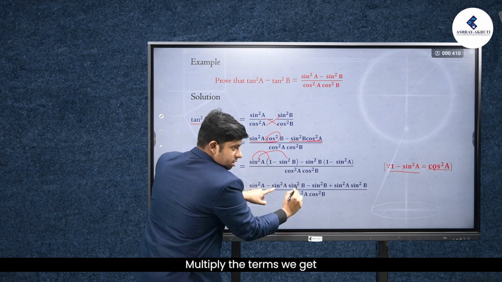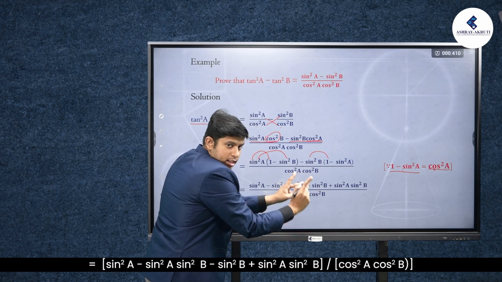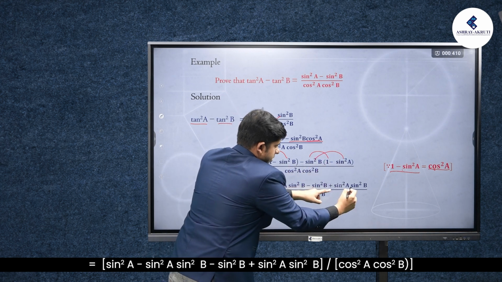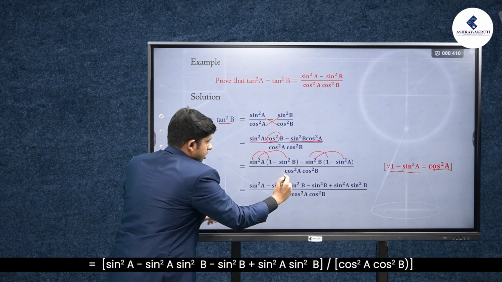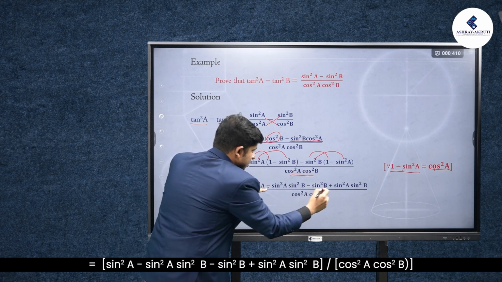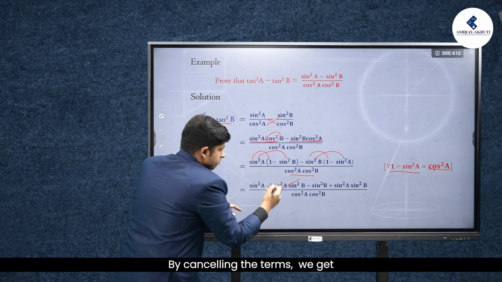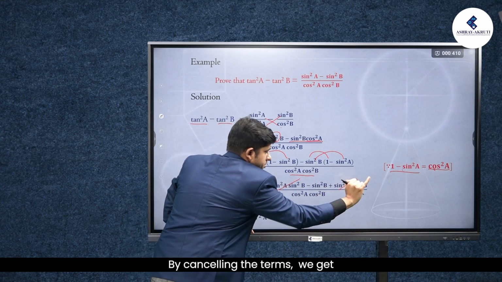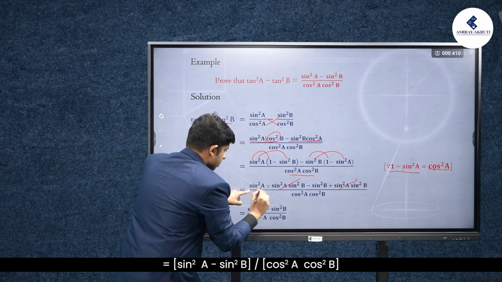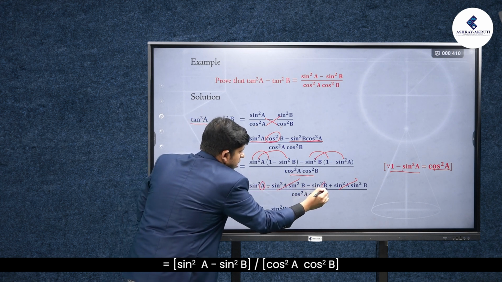Multiplying the terms, we get (sin square A minus sin square A into sin square B minus sin square B plus sin square A into sin square B) by (cos square A into cos square B). By cancelling the terms, we get (sin square A minus sin square B) by (cos square A into cos square B).